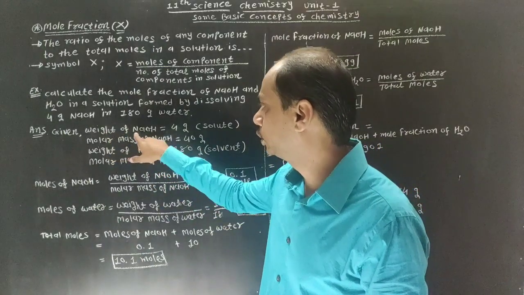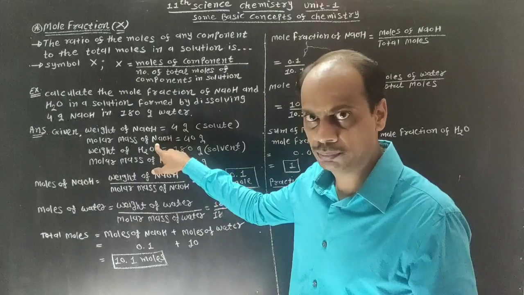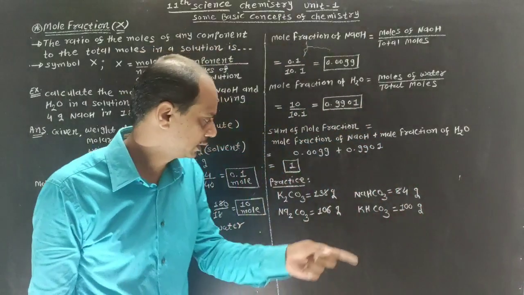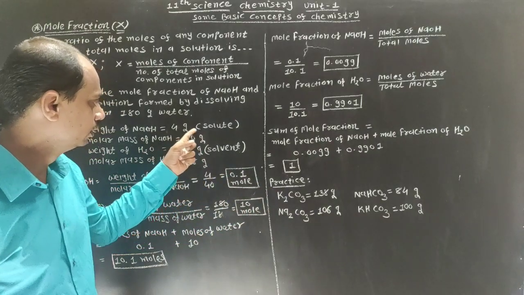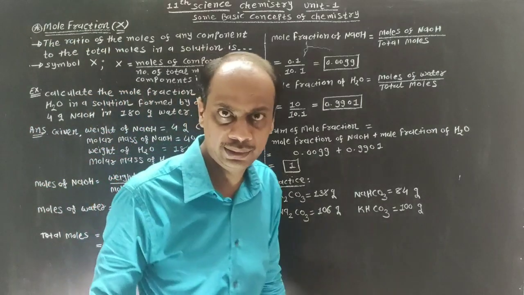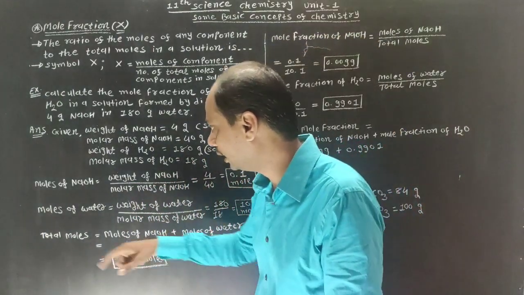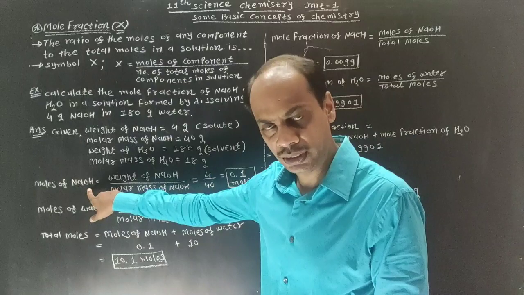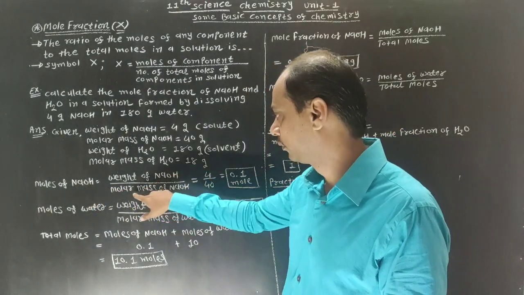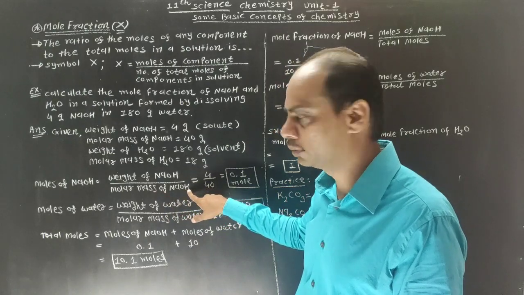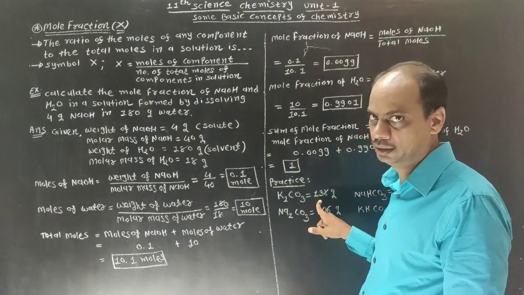Next, weight of potassium carbonate, molar mass of potassium carbonate. What is the molar mass of potassium carbonate? 138. So write 138 over here. Am I clear with the example? Okay. Then moles of potassium carbonate is weight of potassium carbonate over molar mass, 4 over 138.